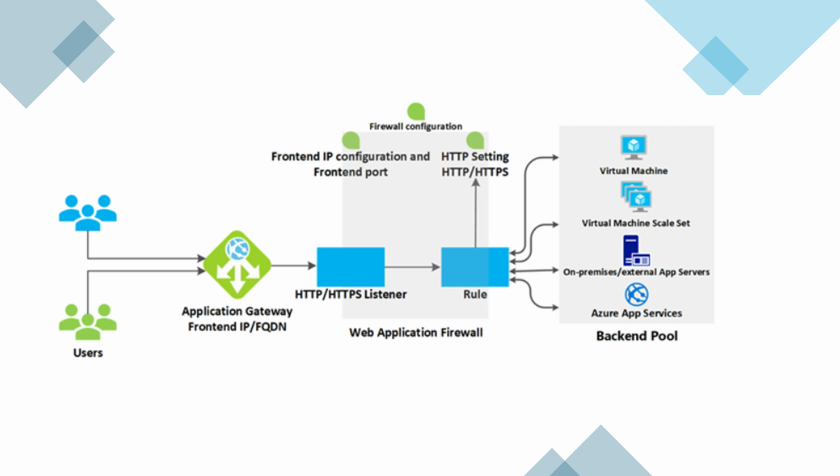You also get extras like redirects, such as HTTP to HTTPS or external sites, header rewrites, and custom error pages for branded user experiences. TLS termination at the gateway offloads the heavy encryption work from your servers.